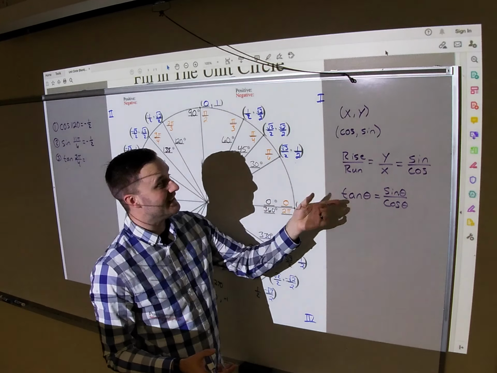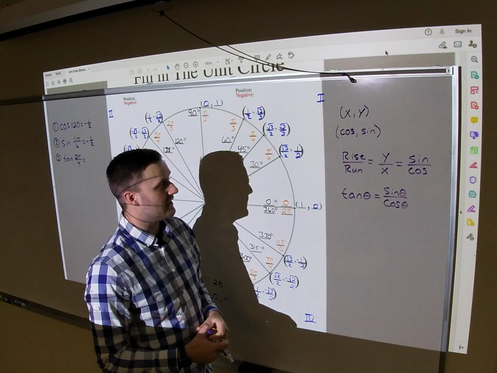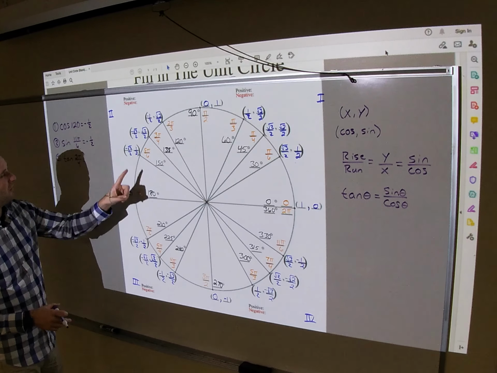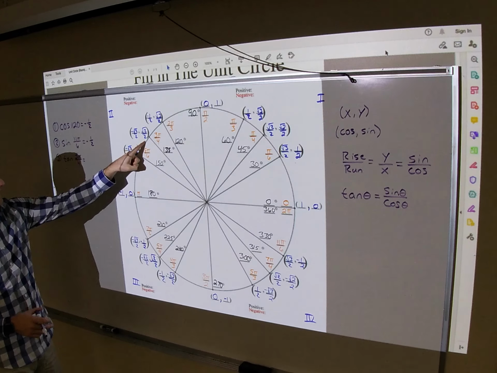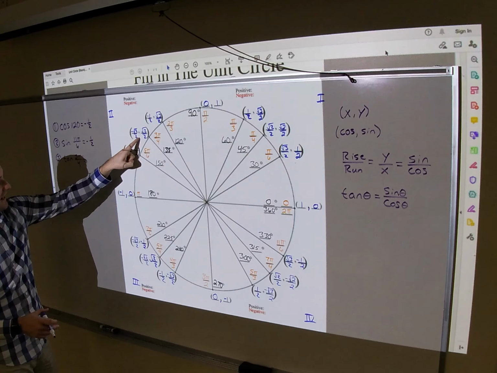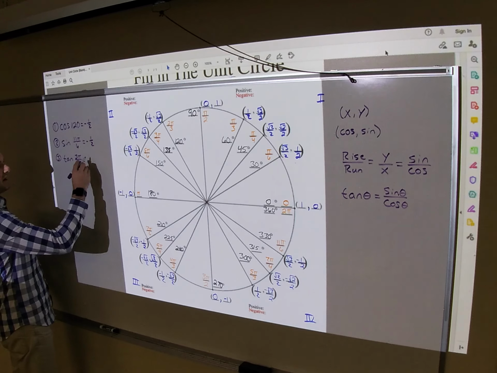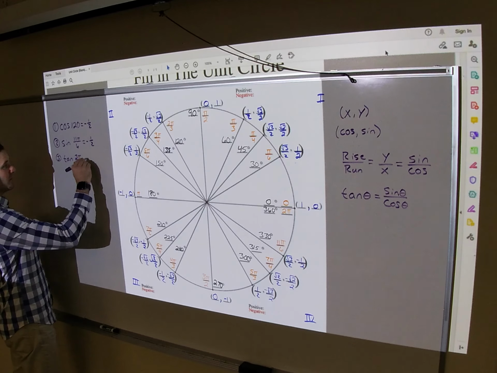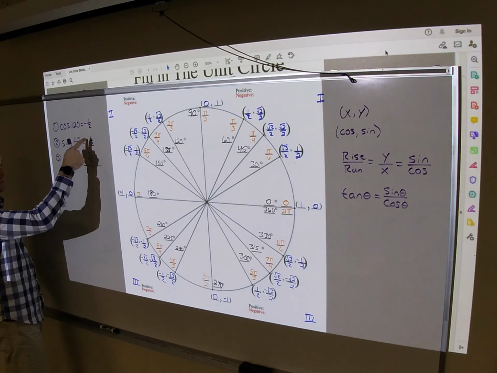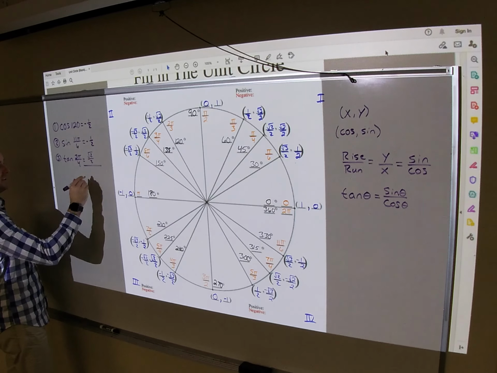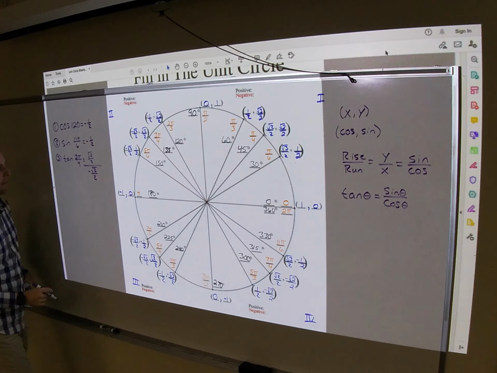Well, if tangent is rise over run, or y over x, or sine over cosine, then I need to figure out what is the sine value. Well, that's my y value. So tangent is the y value divided by my x value. So in this case, my y value is radical 2 over 2, being divided by, that's my rise, over my run, which is negative radical 2 over 2.